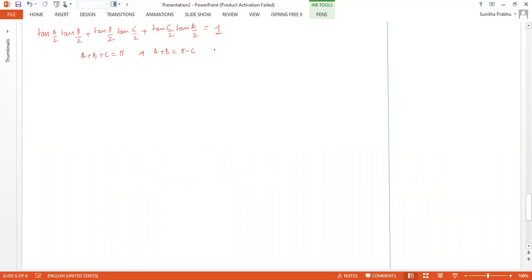So we will be smart and say I want A plus B by 2 is equal to pi minus C by 2. This is the only smart thing we'll do in this case. That means A by 2 plus B by 2 is equal to 90 minus C by 2.